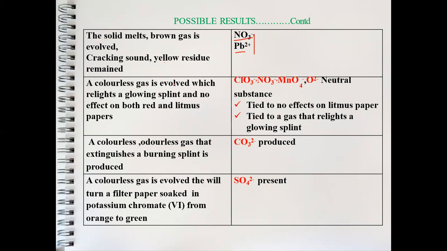A colorless gas evolved which relights a glowing splint and has no effect on both litmus papers. So know that this could be nitrate ion, manganese ion, and oxygen-producing substances. The colorless gas evolved relights a glowing splint because it is oxygen gas.